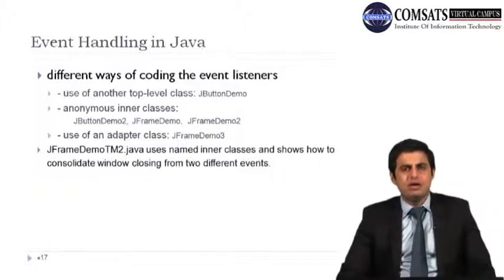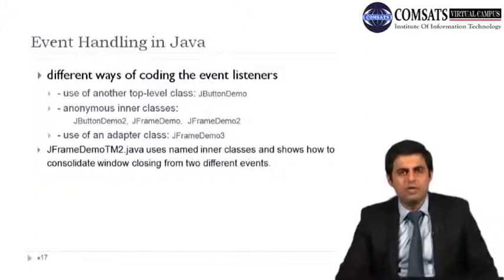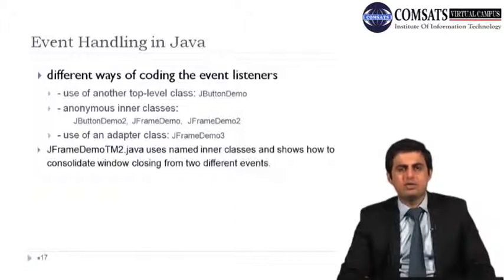In the JButton, all the code that is related to the button is written. In the JFrame, the frame related code is written. So what you do is that you take the code of the highest class, which is the parent class, and you insert it in your own class according to your own need.